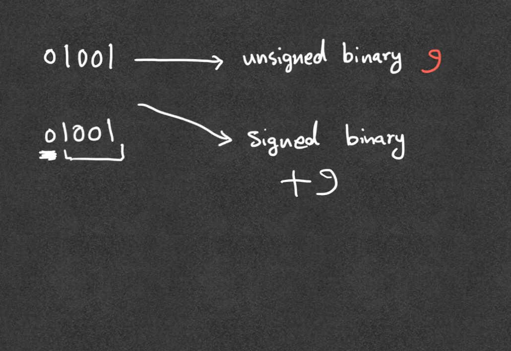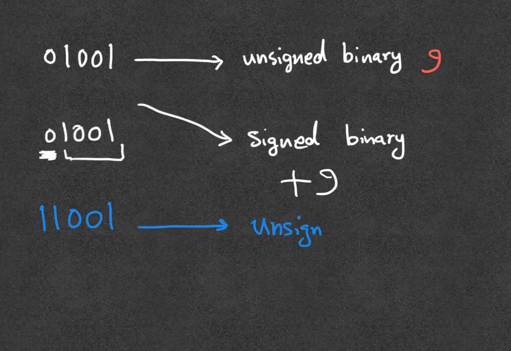Now, if you have this number, 1 1 0 0 1, in the case of unsigned, what's the number in decimal? 25.